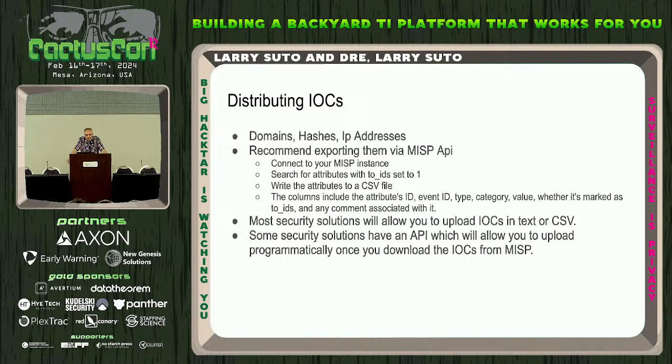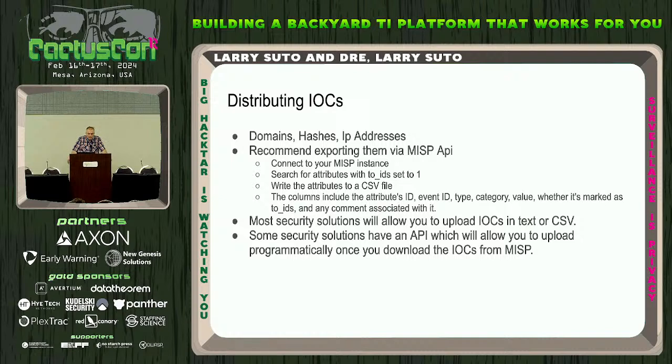Now we'll get into the last few details about distributing IOCs. As we talked about, there's a bunch of IOCs in the MISP event, and sometimes you need to export them and use them. You can sync them to a SIEM, you can sync them to Sentinel. But sometimes you just need the raw list of the IOCs to import into another tool.